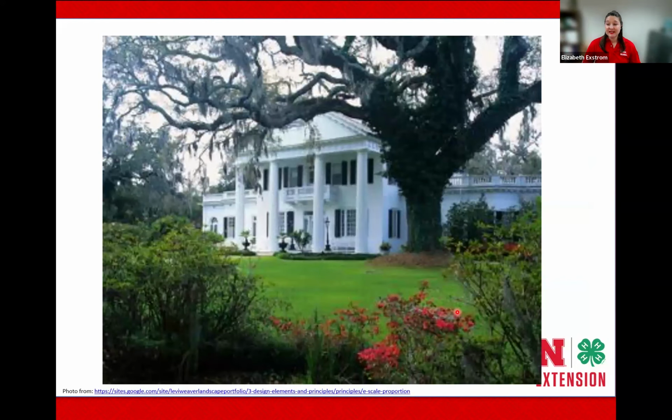Now, when we're talking scale, this is one of those opportunities where we not only need to talk about the scale of the plant material when it goes in, but we also want to consider the overall scale of the plant material when it reaches near maturity. So when we're talking two-thirds mature size or mature size, think about this house with a tiny crabapple.